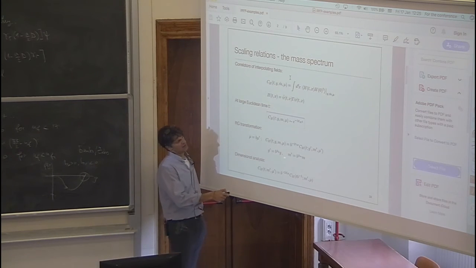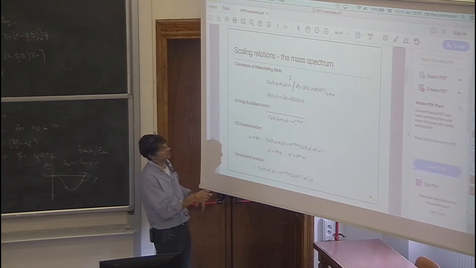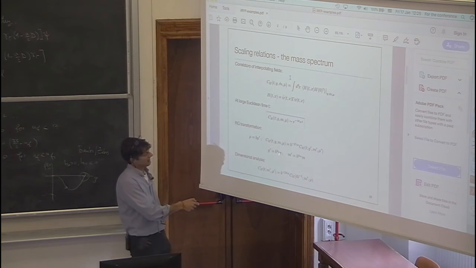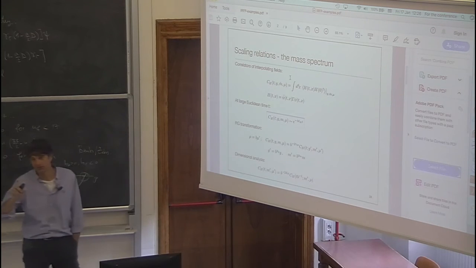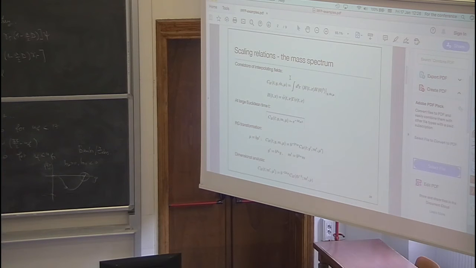And then, as we discussed on Tuesday, if you are in the vicinity of a fixed point, the scaling of these coefficients, the running of these coefficients, if you like, is given by a power law, which is characterized by the eigenvalues of the linearized RG flow.